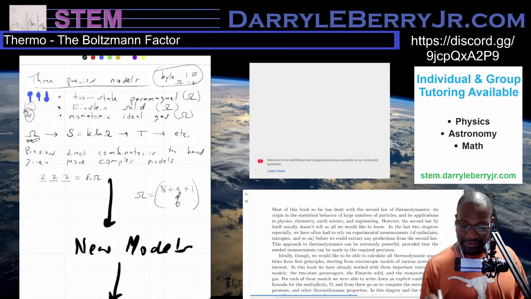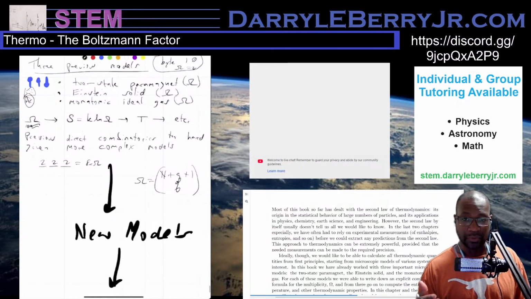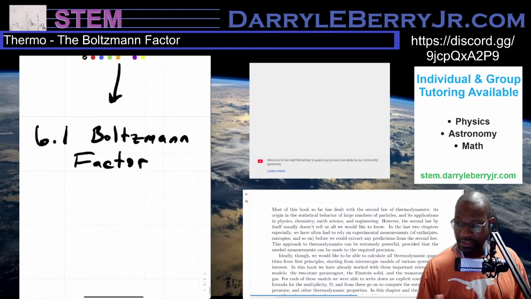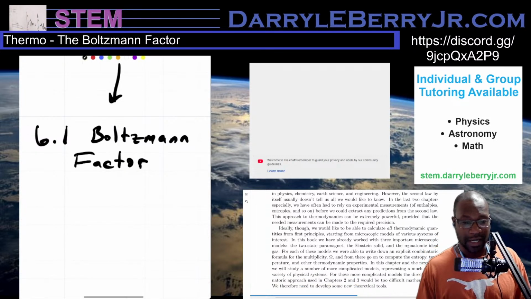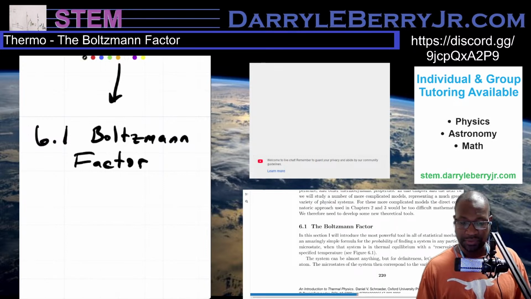But each of these, we had these simple combinatorics to get some way to get the multiplicity. But as we get into more complex models or systems, then combinatorics won't work. So now we're on to chapter 6, section 1, and we'll see what it's talking about.